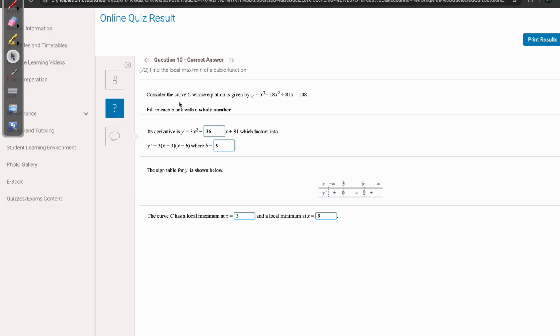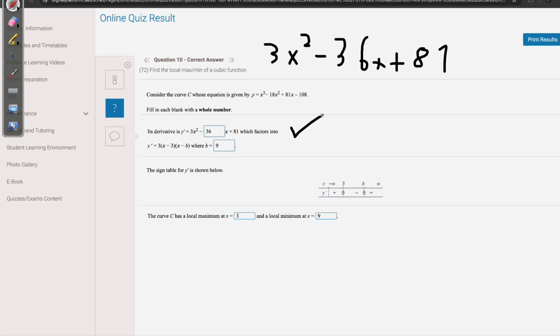Consider the curve C whose equation is given by y is equal to x cubed minus 18x squared plus 81x minus 108. Okay, so they want the derivative for part A. We just derive simply into 3x squared minus 36x plus 81, which is what we have here.